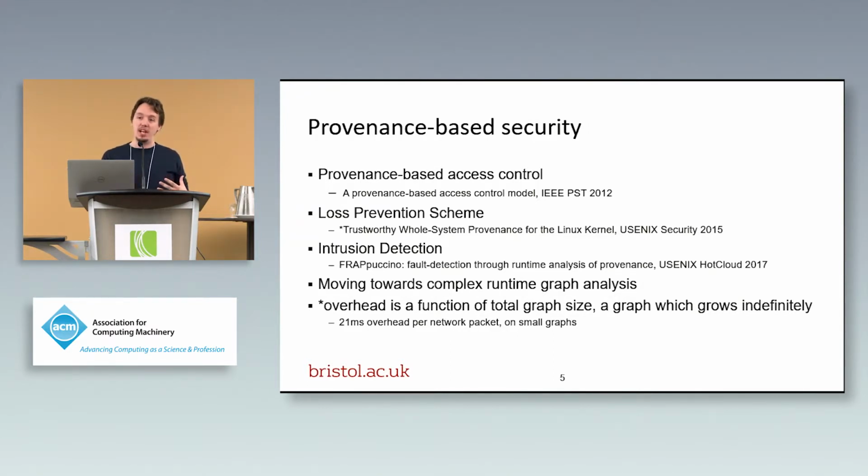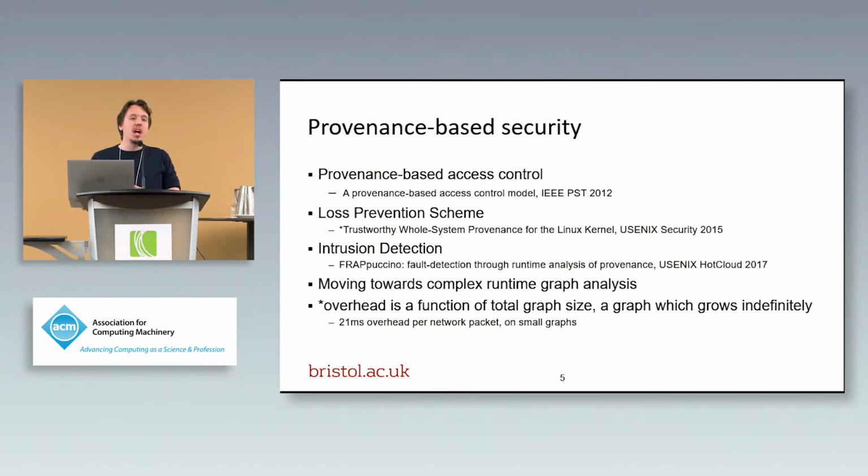The capture mechanism has evolved, but the entire stack has not, as we're gonna see in the next few slides. And in the papers that describe the loss prevention scheme at Usenix Security, they describe the overhead, which is 21 milliseconds per packet, and this overhead grows over time with the size of the graph. The larger the graph, the larger the overhead. So at some point, the graph is too large to perform that.